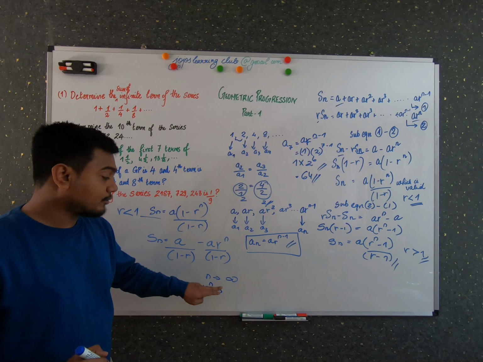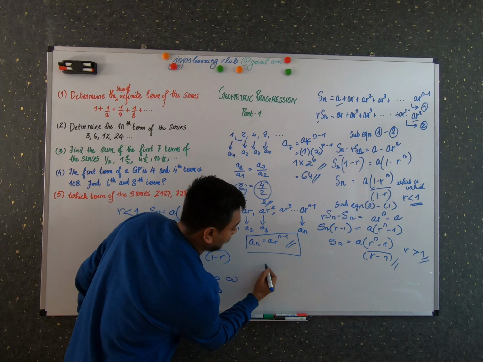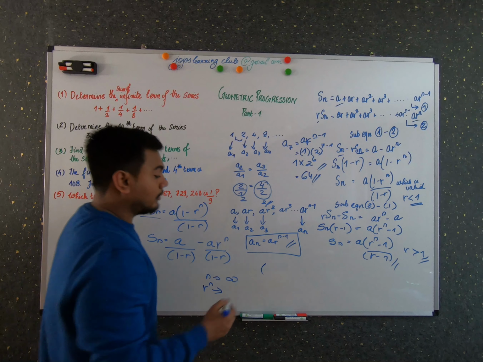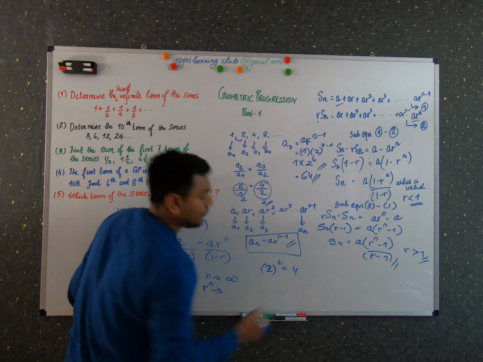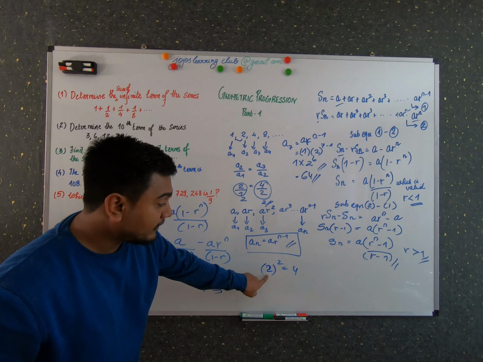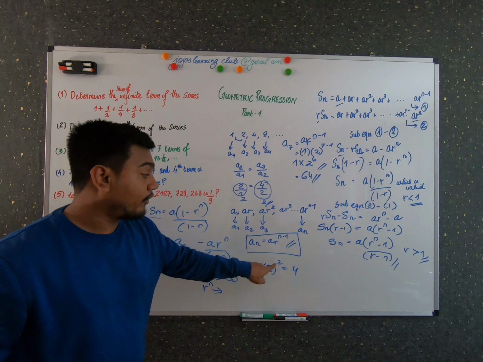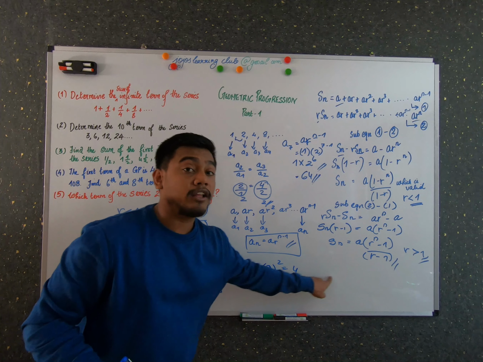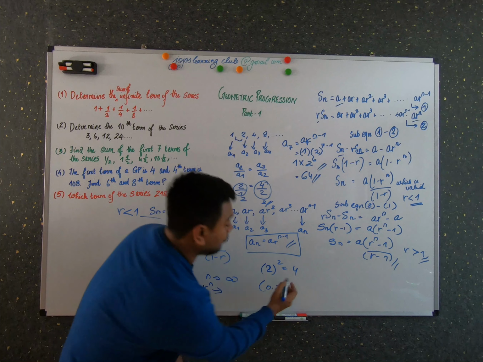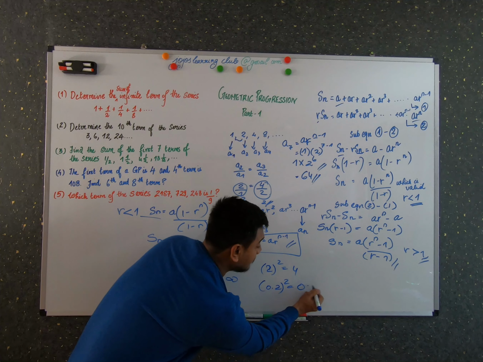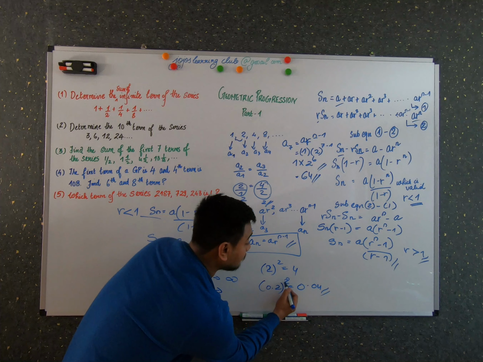Let me show you an example. 2 squared is 4. As the number is greater than 1, as you increase the value of n, it goes on increasing. But what is the value of 0.2 squared? It becomes 0.04, right? When the power is increased to 3, what happened here?